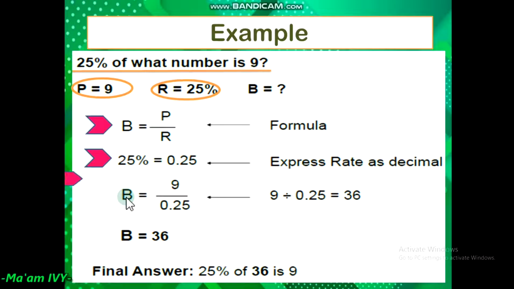Let us substitute the values. B equals 9, which is our percentage, divided by 0.25 or 25 hundredths, which is our rate. You are going to divide on your scratch 9 divided by 0.25.